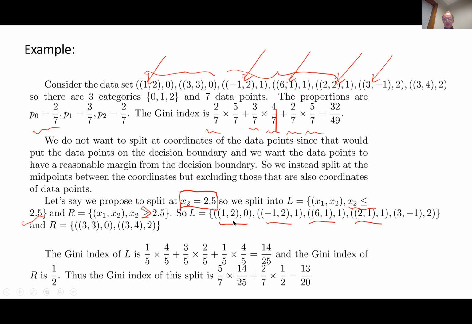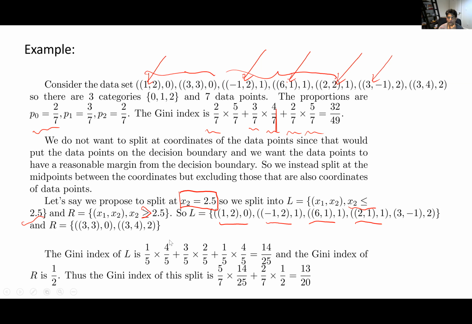So we end up with those where the second coordinate is less than or equal to 2.5, and that's the 5 points we have here. And then those points where the second coordinate is bigger than 2.5, that's R, the right node. So that's these 2 points here.